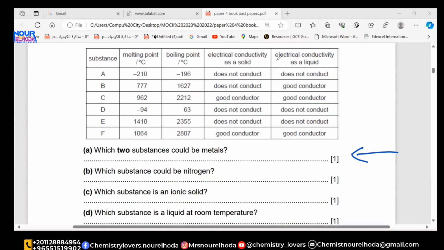So to know that this is a metal, I'm going to choose high melting and boiling points, and that both conduct electricity all the time, whether solid or liquid.